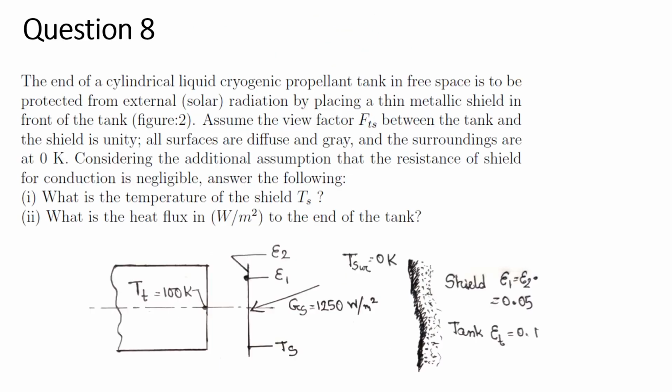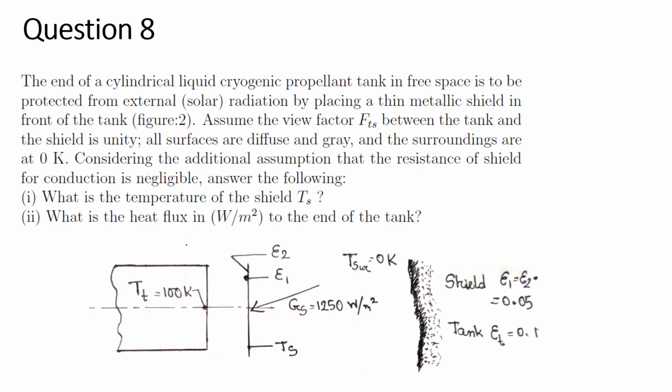So now let's move on to the last question. This is question number 8, and we have been given the end of a cylindrical liquid cryogenic propellant tank in free space, which is to be protected from external solar radiation by placing a thin metallic shield in front of the tank.